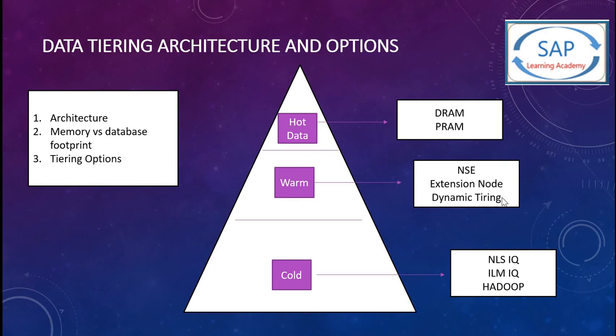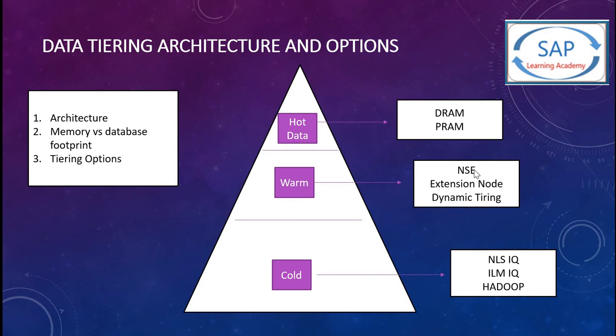Dynamic tiering is an extension of NLS IQ, based on IQ technologies, and it has good features, so we can keep the warm data, but there are still some features missing. So SAP came up with another concept, the extension node, where we can keep a different node or different storage for the data.